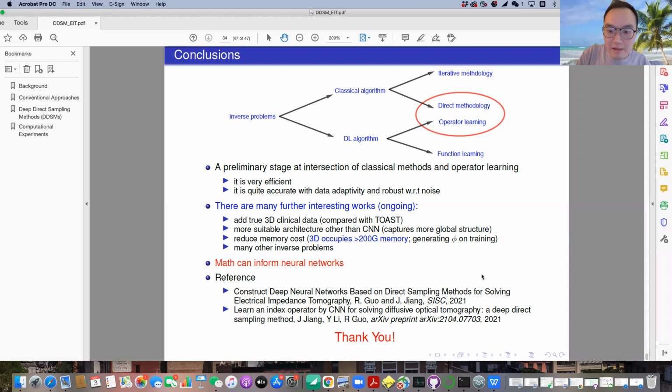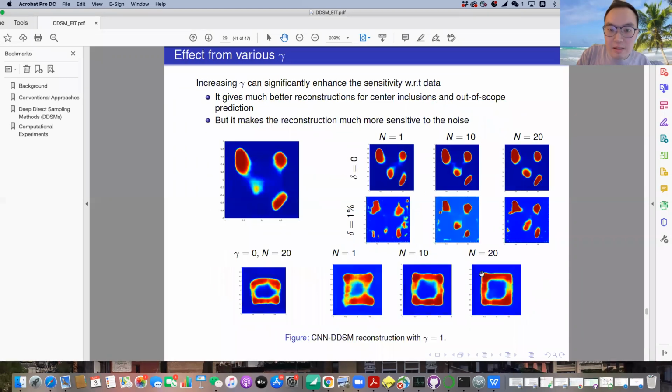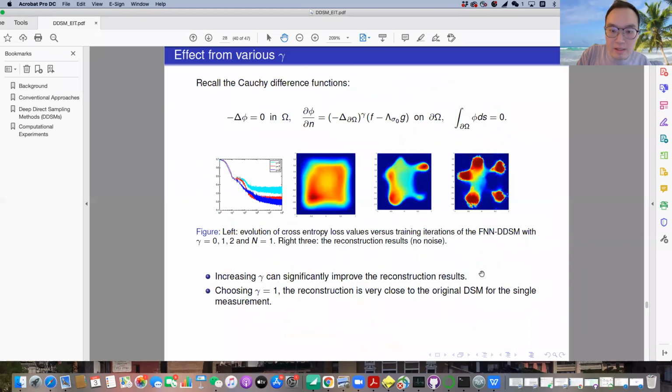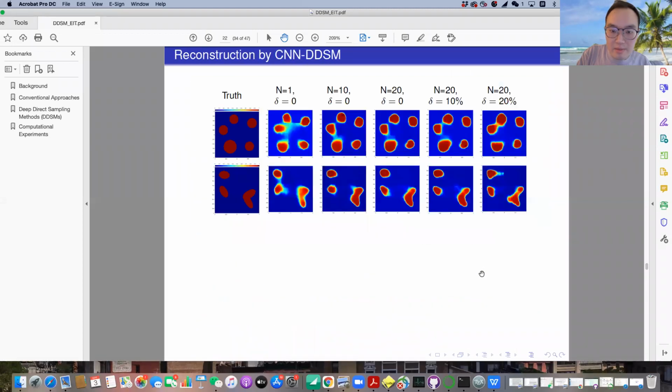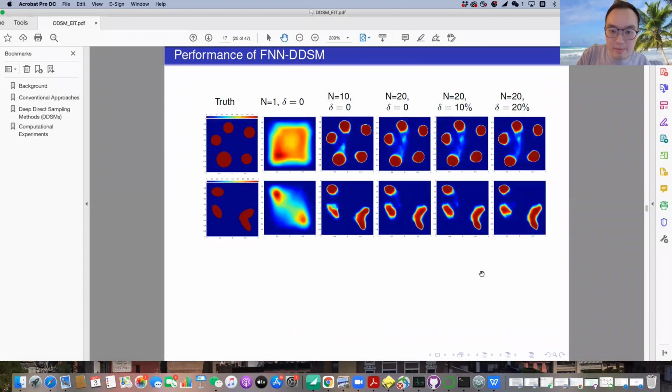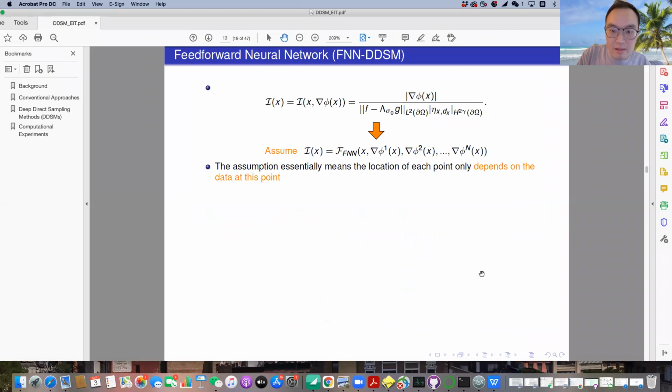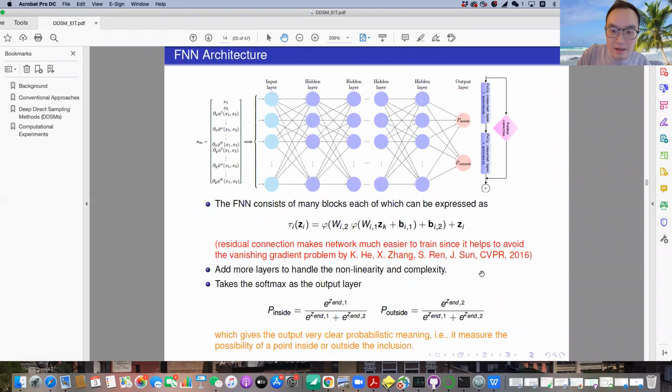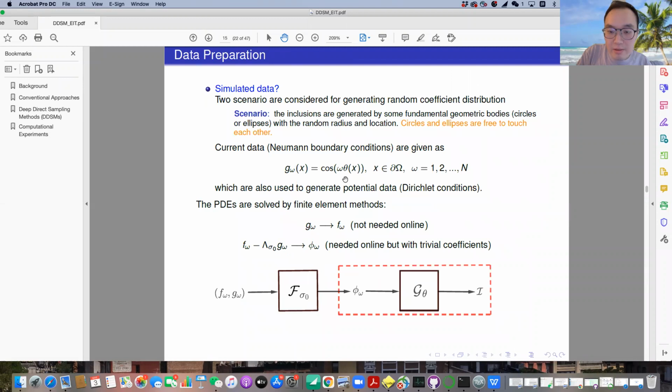Okay, so this is a very good question. When we generate the training data, let me go back to the CS slide. Yeah, here. When we generate those training data, we do not add any noise. So they are pure, just based on the original data. We only add the noise when we do prediction.